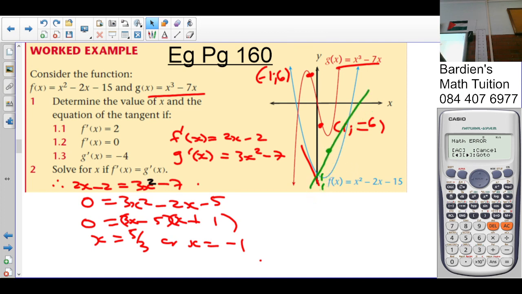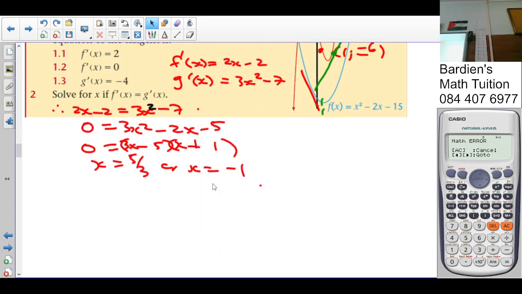We're drawing that up, about the same there. Can you see that, people? The tangent is about the same. Which means to say the gradient at that point on the f graph is the same as the gradient at that point on the g graph. Okay, that is what that calculation tells us.